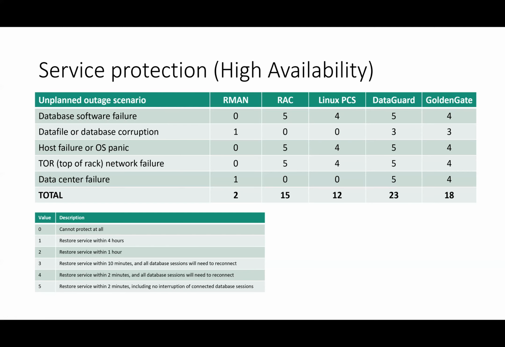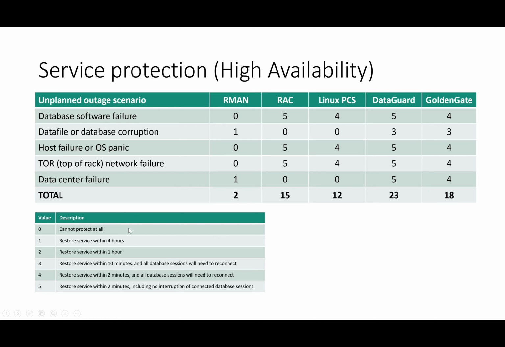But if you do this yourself, come up with all the possible unplanned outage scenarios you can think of, and then enter one of those on each row of a spreadsheet, and then on the columns, mark all the different mechanisms you'd like to use or possibly could use for HA, to counter those scenarios. And then in each cell, come up with a legend.